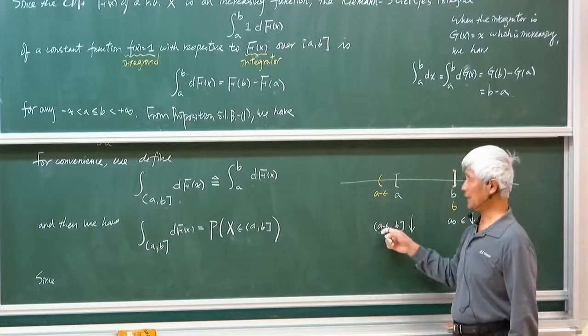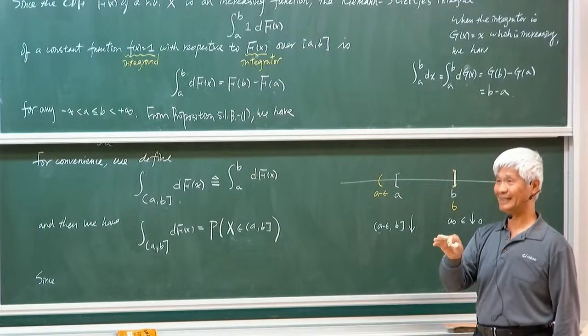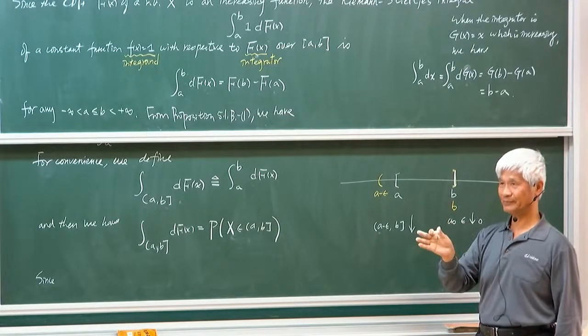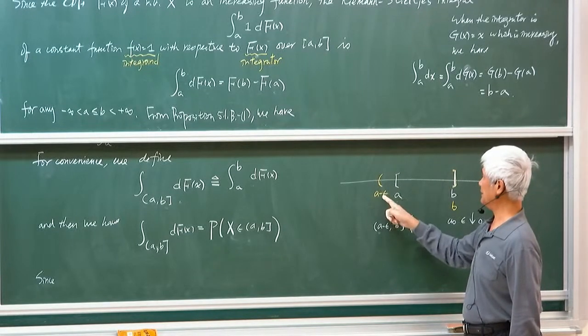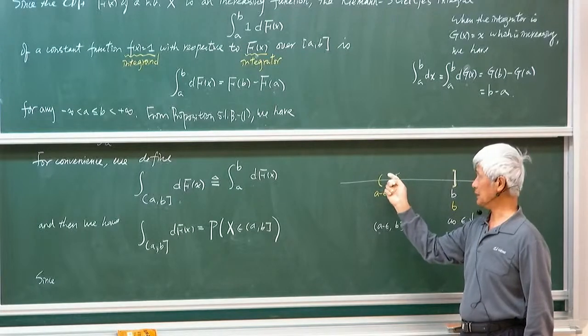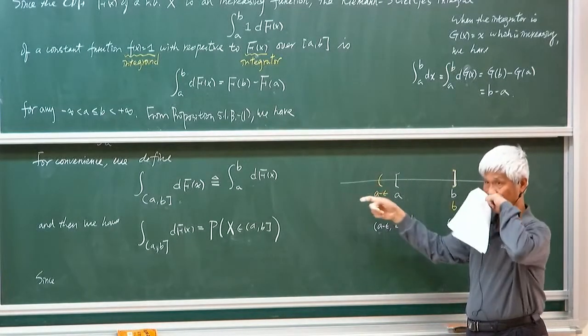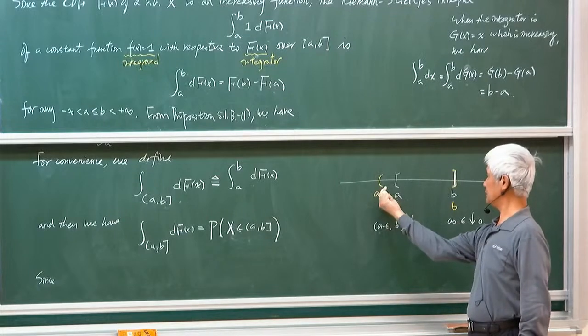We usually use epsilon as a small positive number, right? So if epsilon is big, then a minus epsilon would be more to the left-hand side, and if epsilon goes to 0, then a minus epsilon will tend to a.